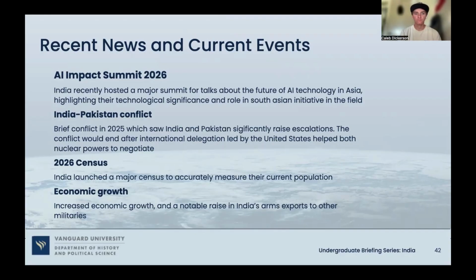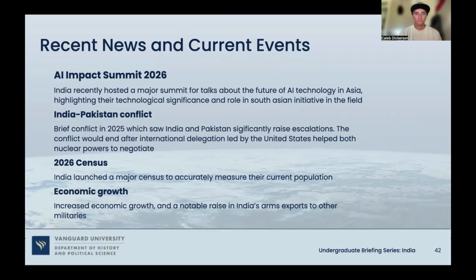Another big thing to highlight is India's government. India is in the process of conducting a nationwide census, which seeks to measure their population and show their federal government's involvement in assessing accurate numbers for finances and population metrics in the future.